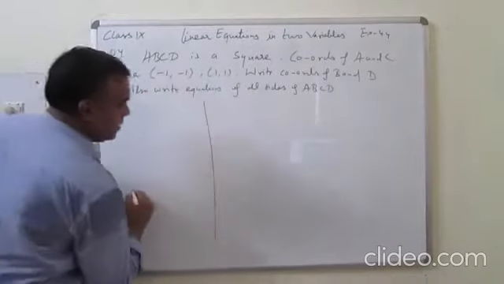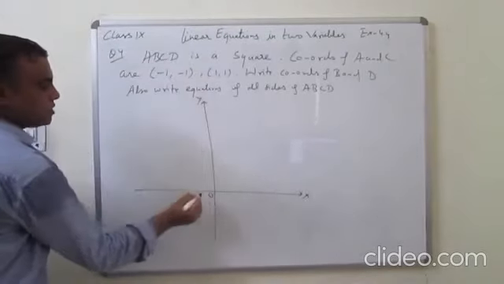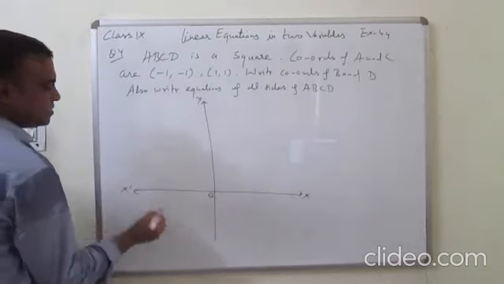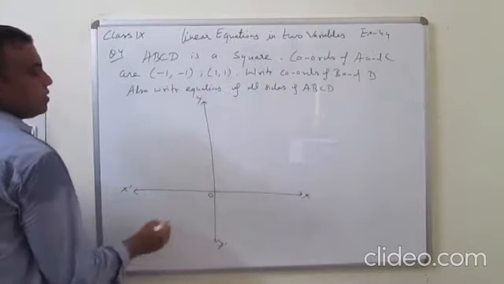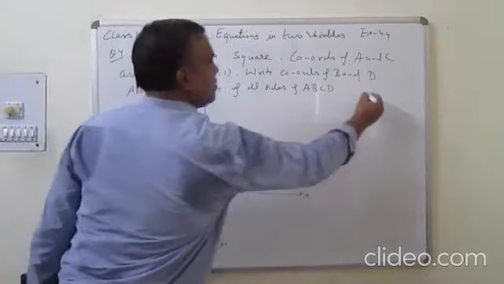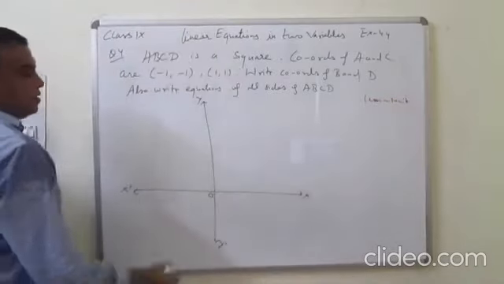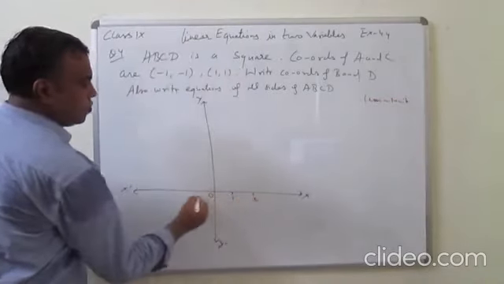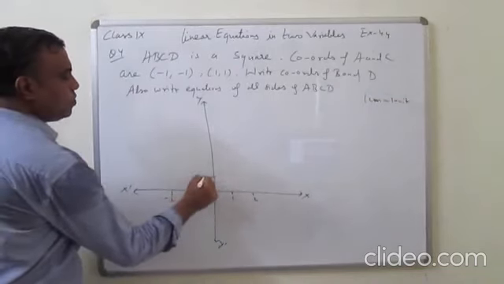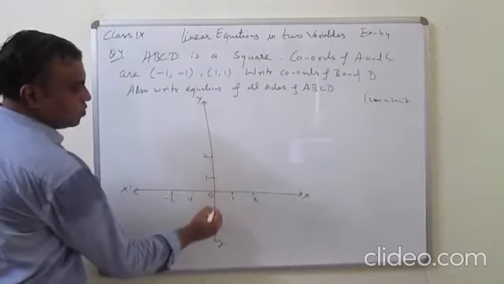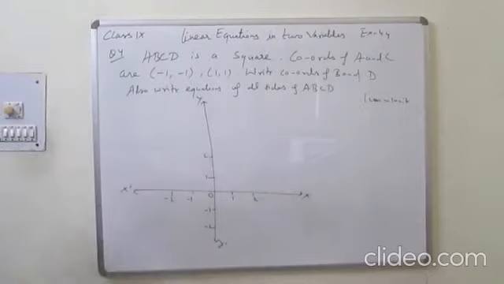Draw a Cartesian plane. This is x axis, this is y axis, this is origin, this is x dash, this is y dash. Now scale 1 centimeter is equal to 1 unit. 1, 2, -1, -2 on both axes. Now see here, what is the first point?